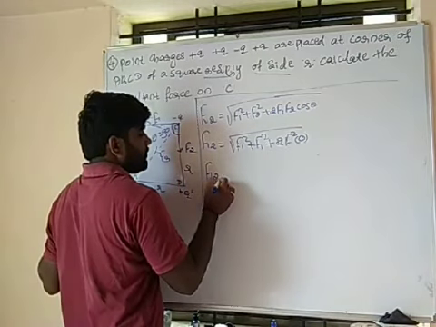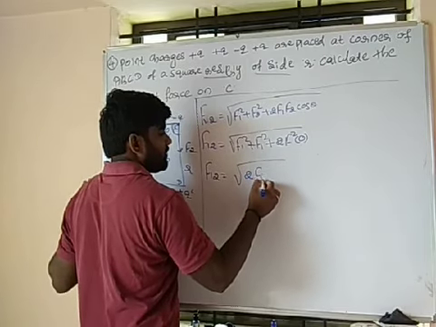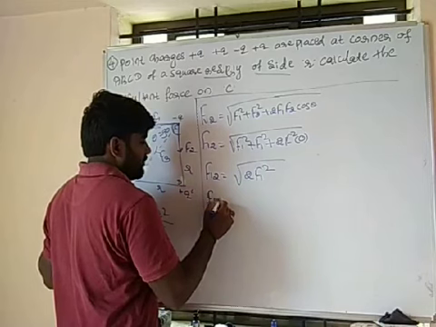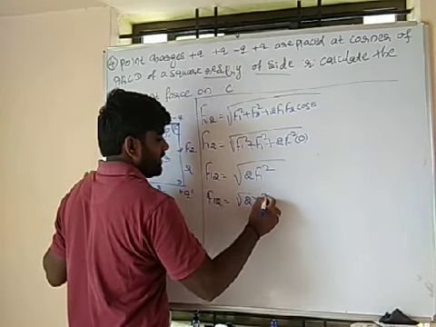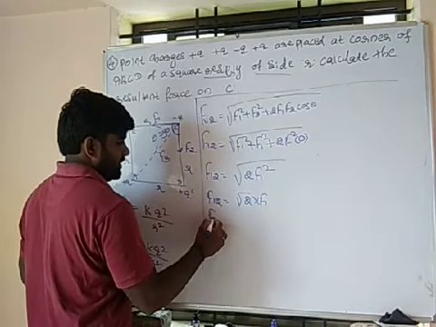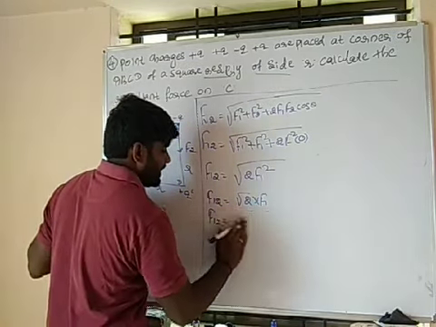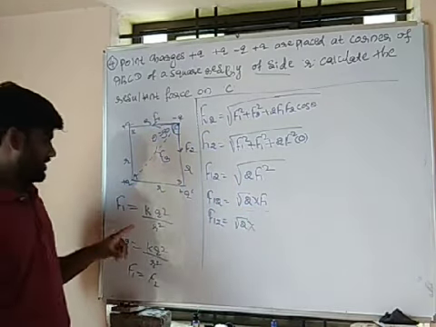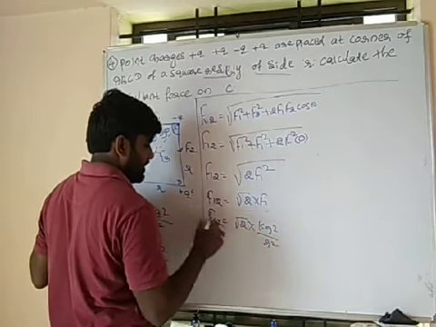Then this F12 is equal to root of 2 F1 square. Then this F12 is equal to root 2 into F1, that is root 2 into K Q square divided by R square.